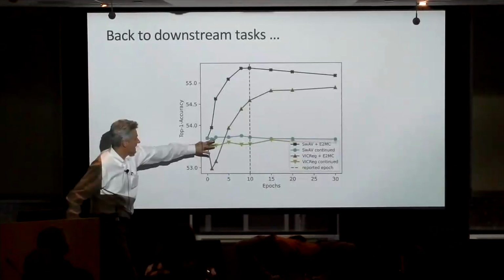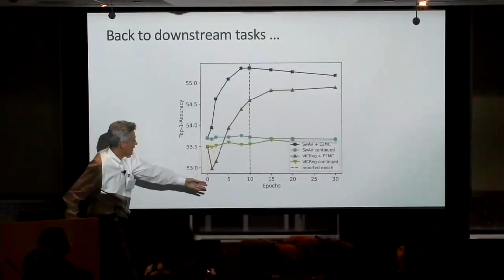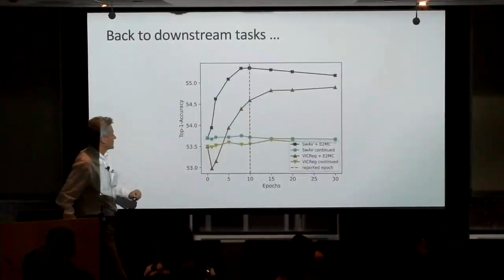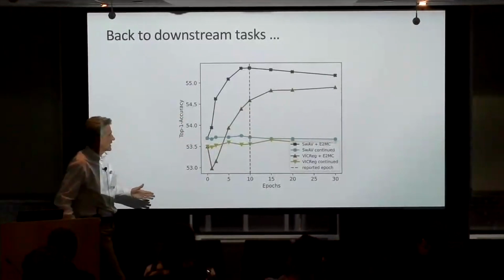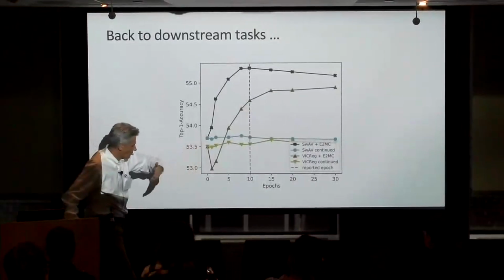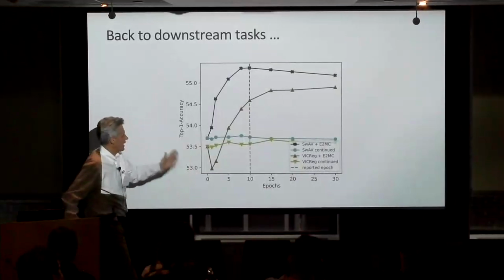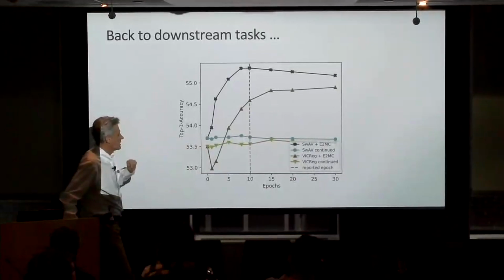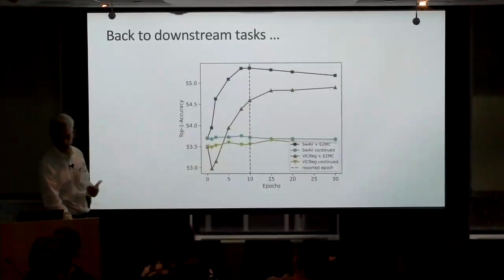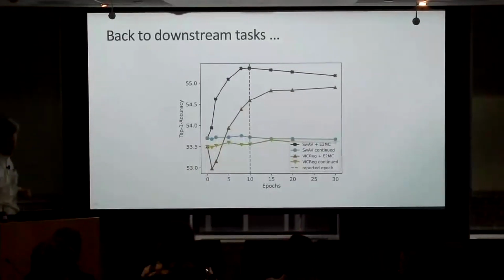At 10 epochs of training, we look at their top one accuracy on the downstream task. But if we continue pre-training with our max end objective, then we do better. Of course, we continue the training for the standard models as well, just to make it fair. Is this full fine tuning or linear probing?